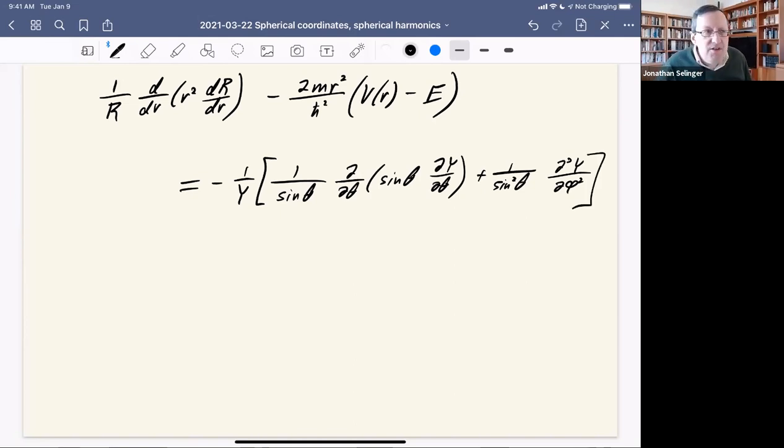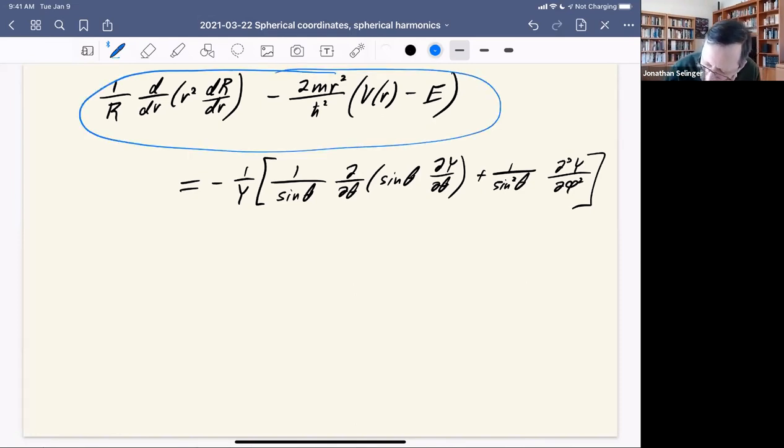Now, if we look at the left side, all of this stuff depends on r, not on theta and phi.